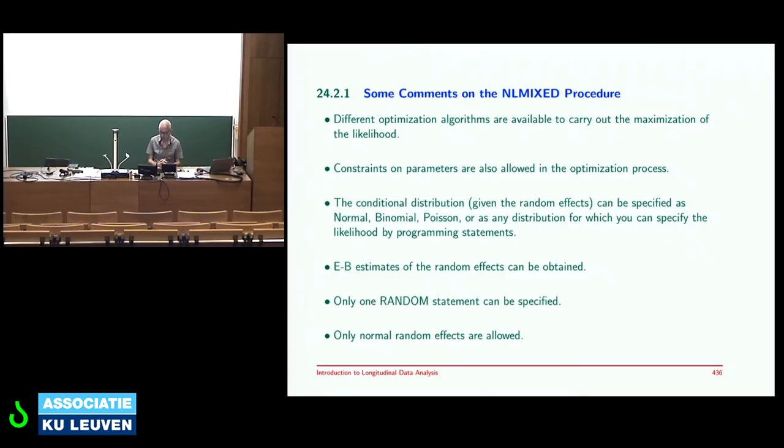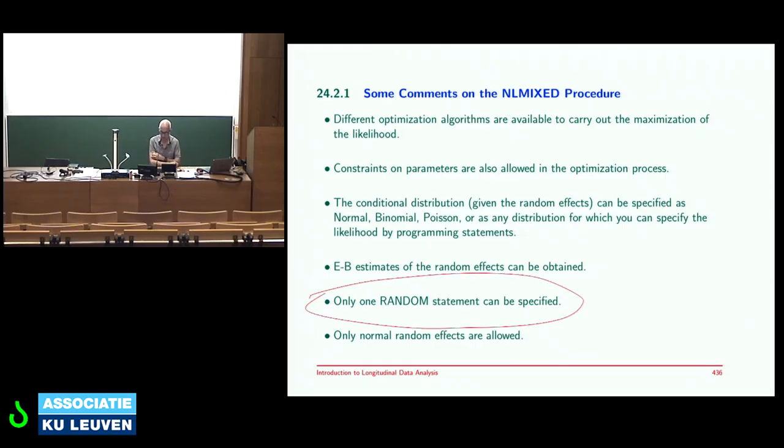Random effects need to be normal, but that's not important for us now, because we usually use normal random effects. But even if you want to break that, you can use all sorts of transformations of normal random effects. Simple example, take a random effect, square it, and you get a chi-square distributed variable. Only one random statement to be specified.